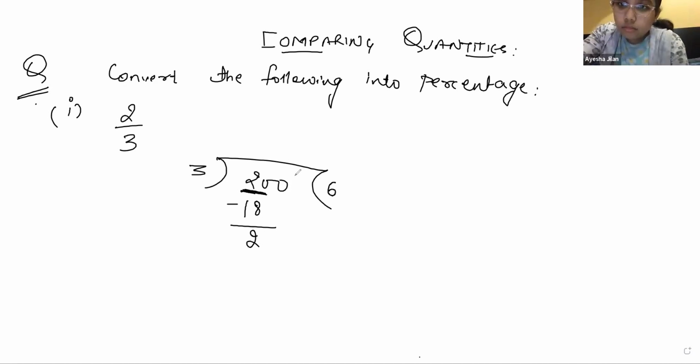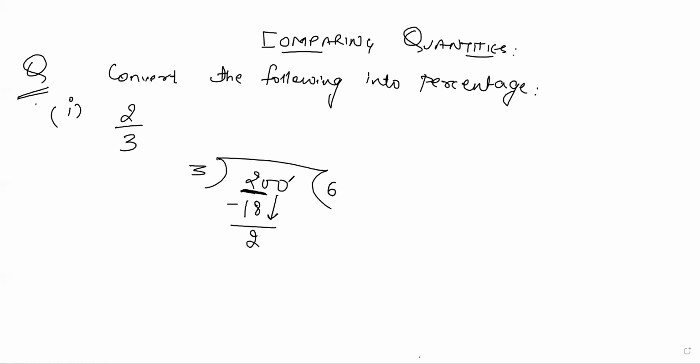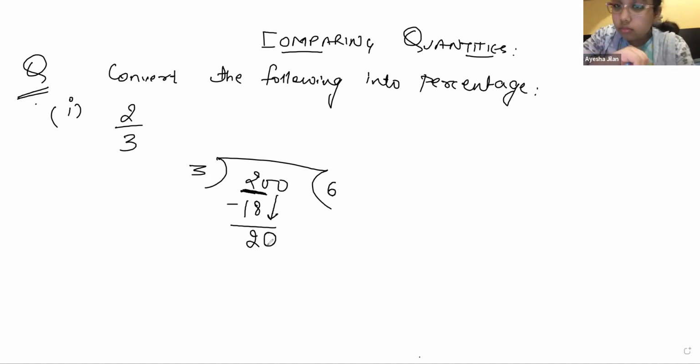Since I am left with the 0 over here, I take the 0 downward, so this also becomes 20, right, Aisha? Yes, ma'am. Now I'll search for 20. Does 20 come in the table of 3? No, ma'am.